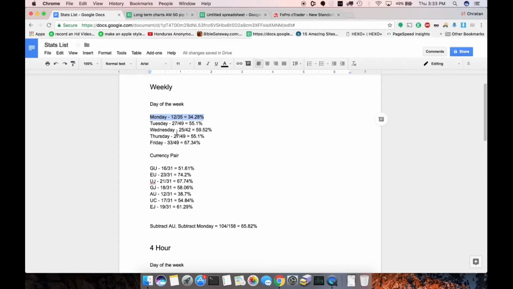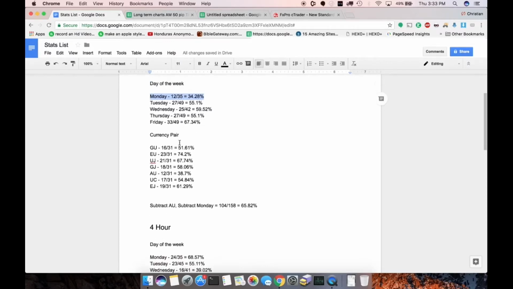But on Monday, when the pairs don't move as much, they seem to stop at smaller, like 2-minute, 5-minute, 15-minute lines of support and resistance. So that's my working explanation. I don't know if that's true or not.